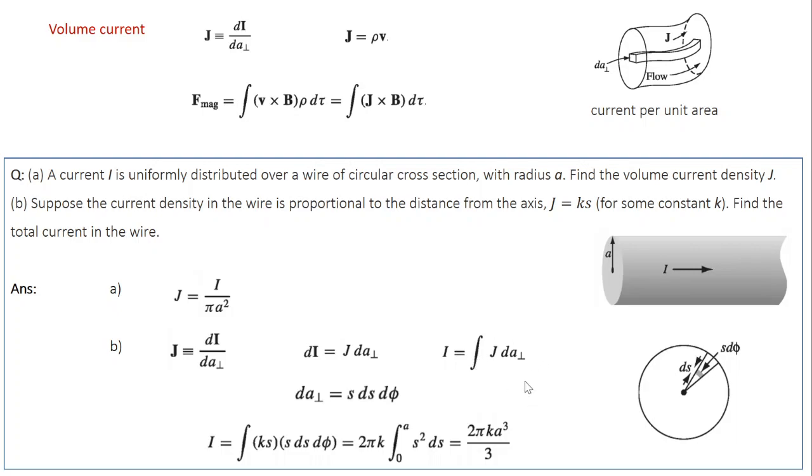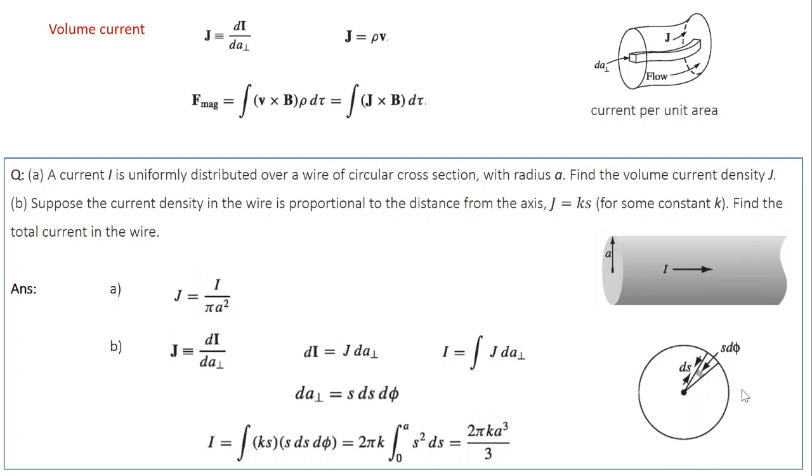And since this is an area element, I have to do a surface integration. And look at the symmetry here. This is a circular symmetry, right? So I can resort to polar coordinates. I am going to use the cylindrical polar coordinates. And look at the axis here. I have a variation along the distance, s direction.